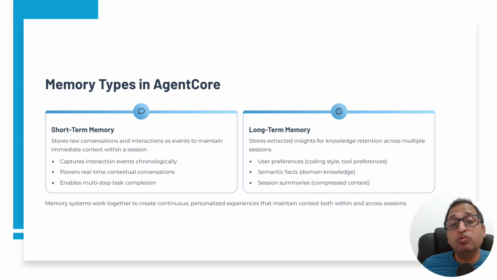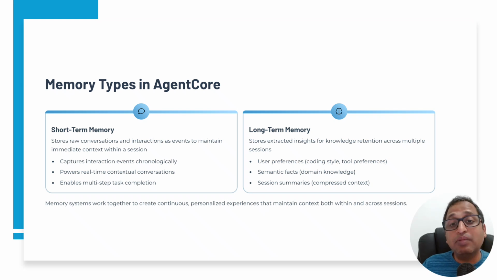So we have two types of memory for an agent. One is short-term memory, the other is long-term memory. Short-term memory captures raw conversation events as they occur. They are stored in chronological order, and it allows the agent to maintain immediate context during a single session. It also helps the user maintain real-time contextual conversations, understand multi-step workflows, and recall recent user messages and tool responses.